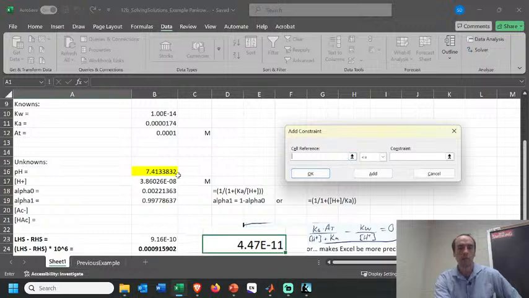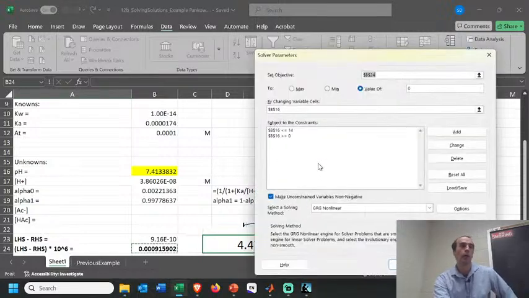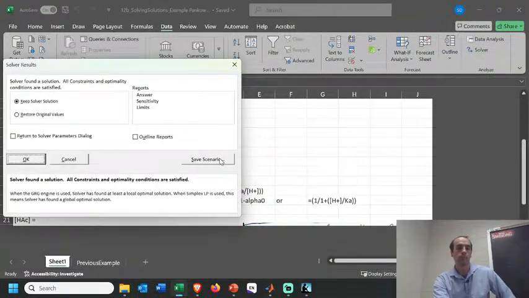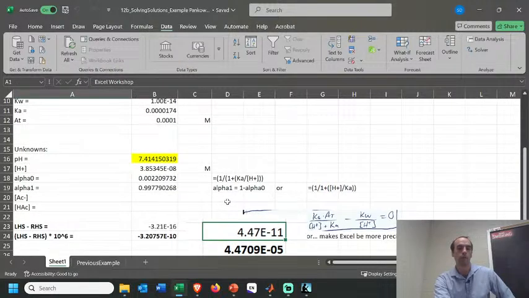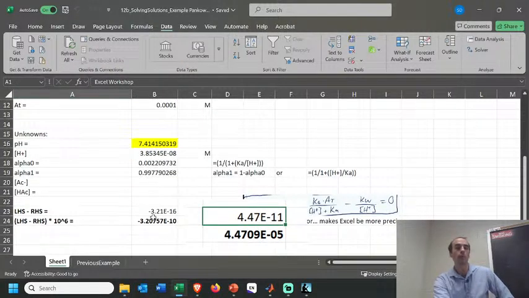And we can also put in that this value has to be greater than or equal to 0. So now we have two constraints to make it fit within the pH range, and try again. And it gives me something there and solves it. So these numbers will change a bit, right? But the point is when you run the solver, it should get you the right pH, 7.41.